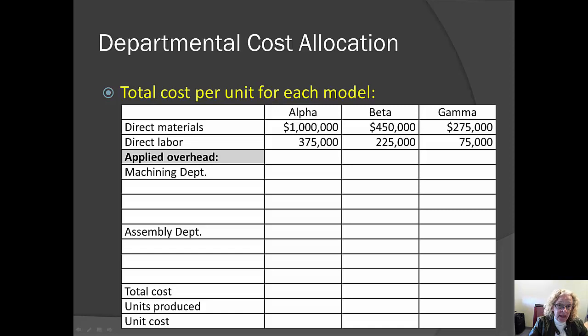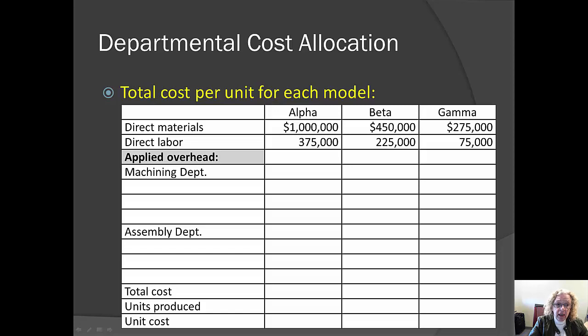Now, since we have divided our overhead into two separate pools, one pool for the machining department and one pool for the assembly department, we're going to have to do twice as much math.